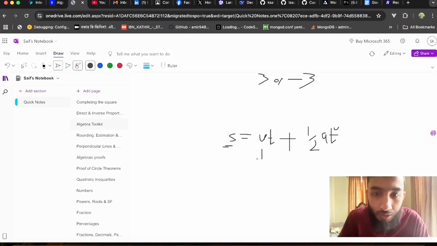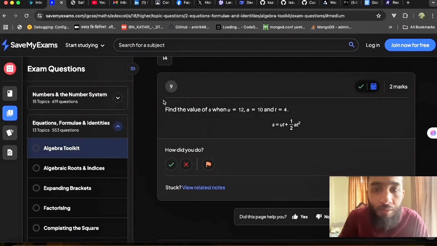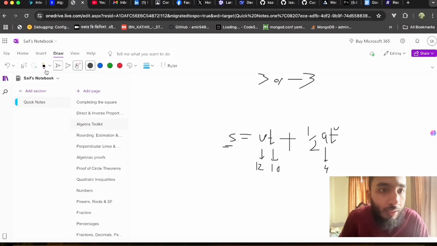So u is 12, t is 4 and a is 10. So when these values are given, a is 10 and t is 4.